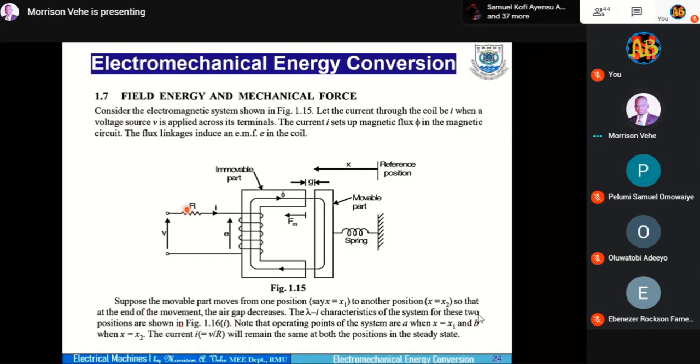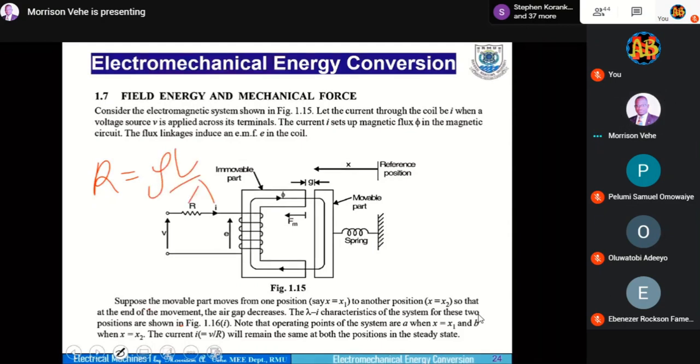But like I said, your resistance R will be equal to rho L over A for whatever conductor you are using. So it will be there.